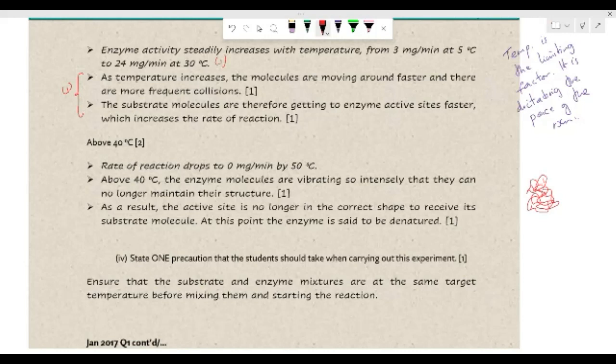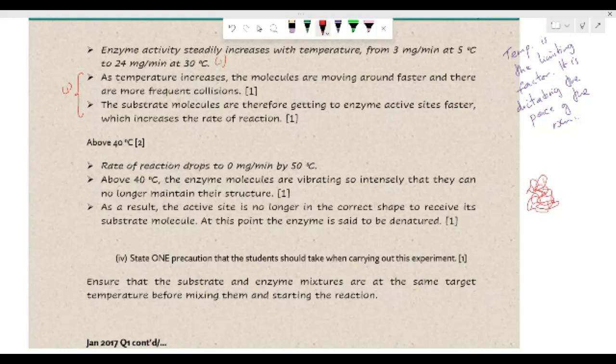So at that point, that's when they say that the enzyme is denatured, and it is permanently denatured, right? In that you can't pull the enzyme molecule back together. It's not like if the temperature goes back down, it goes back to its original state. All right.